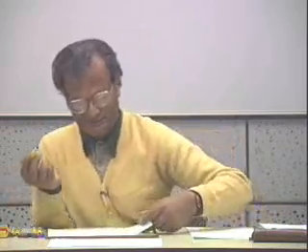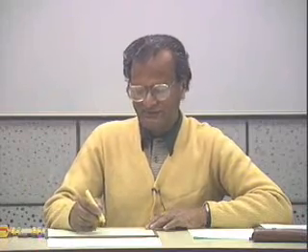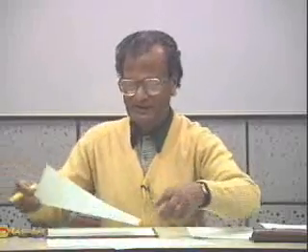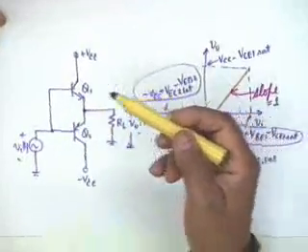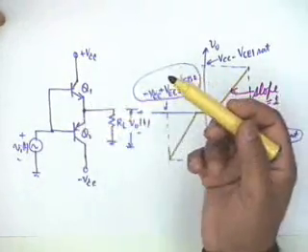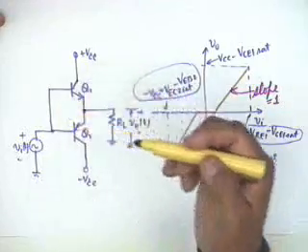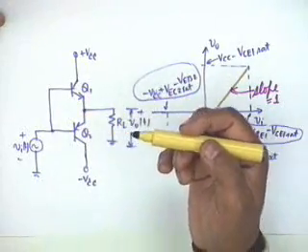Now this cannot be tolerated in sophisticated applications, and therefore we have to find a way to get over the crossover distortion. And the obvious solution is that if in this complementary symmetry circuit the NPN transistor could be biased at 0.7, that is, if VBEQ was plus 0.7, then obviously this transistor shall never put a dead band.